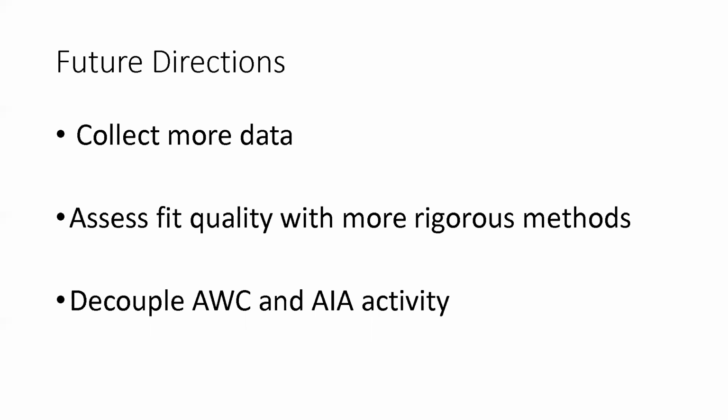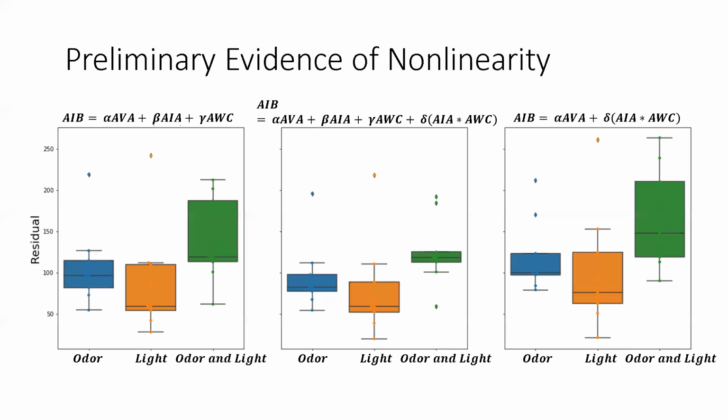We also want to make sure that the fit quality is actually as good as the residuals say they are. It's possible that adding a fourth term like AIA times AWC helps the model simply because we're adding a fourth term and not because of the nonlinear aspect of this term.